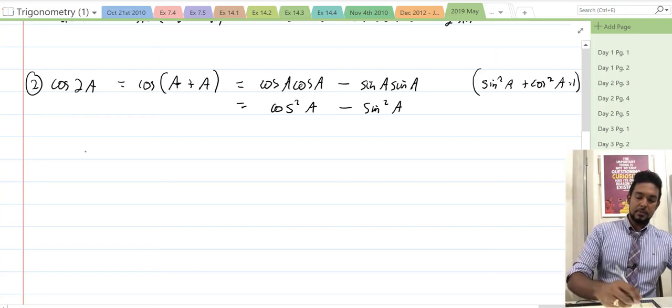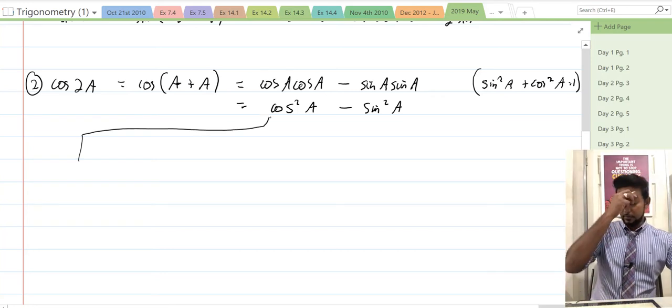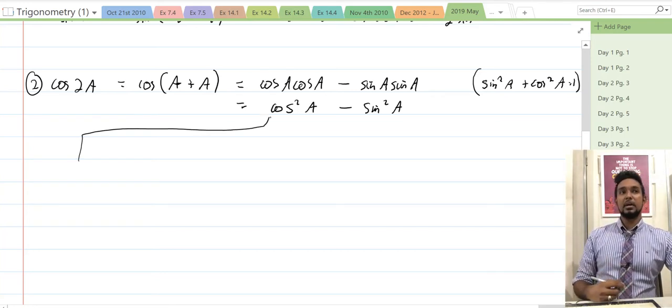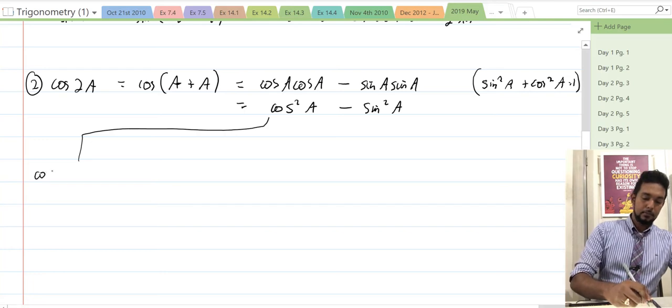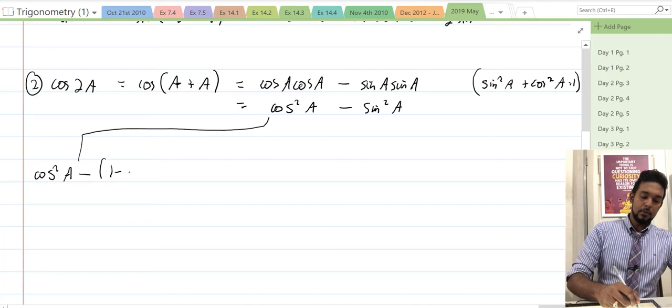So what that means is we could have a couple of offshoots here. Let's say we wanted to have cos squared only in the expansion here. How can we convert sine squared in terms of cos squared? Alright, 1 minus cos squared, not so?